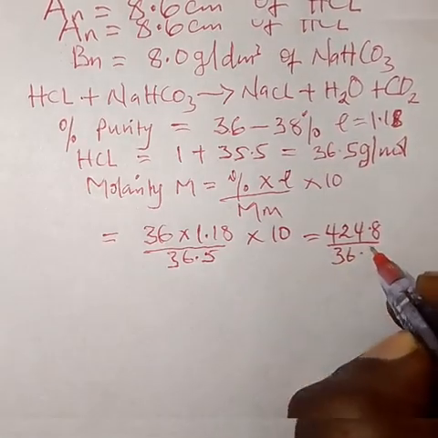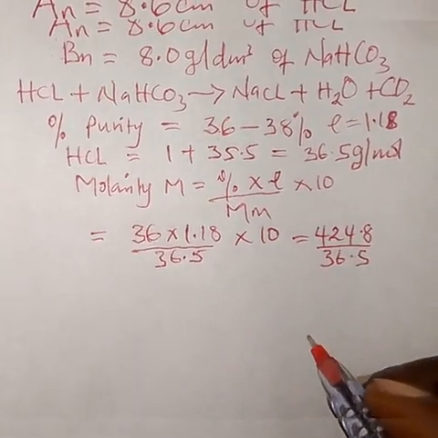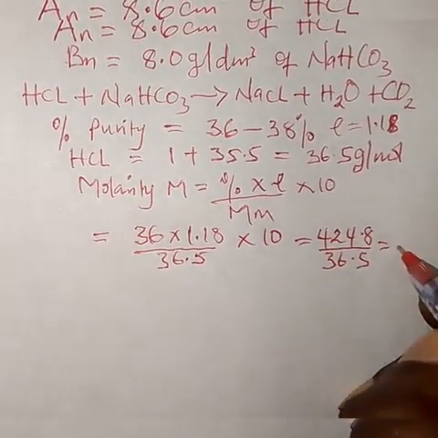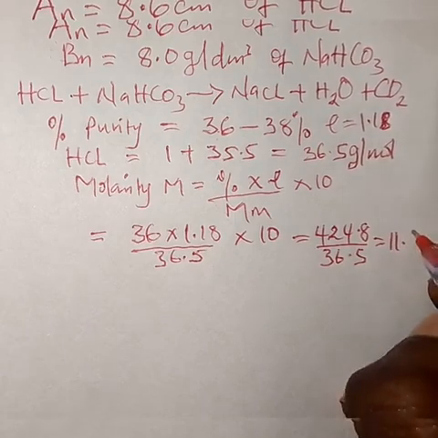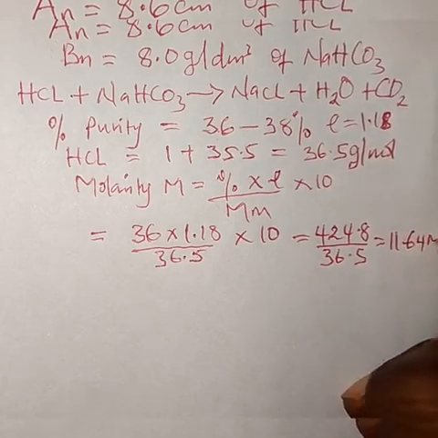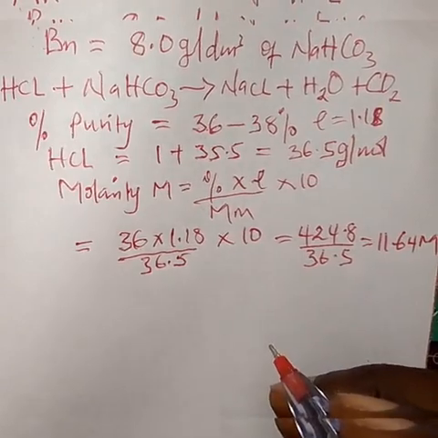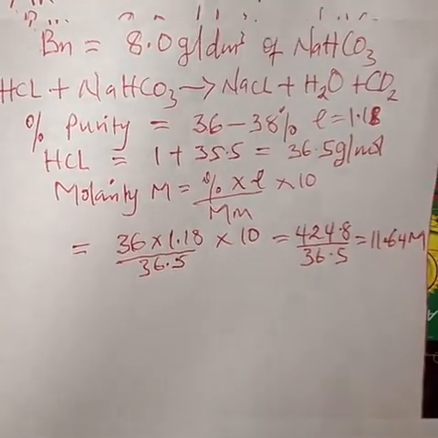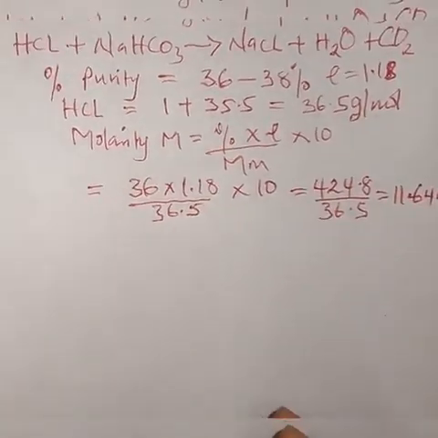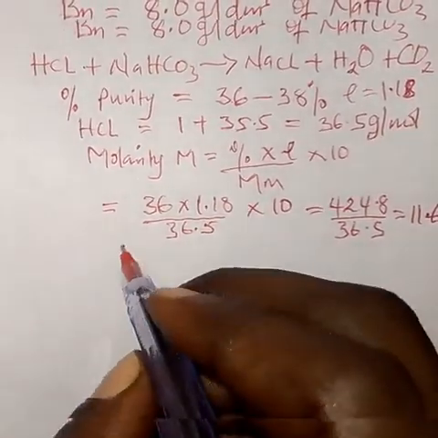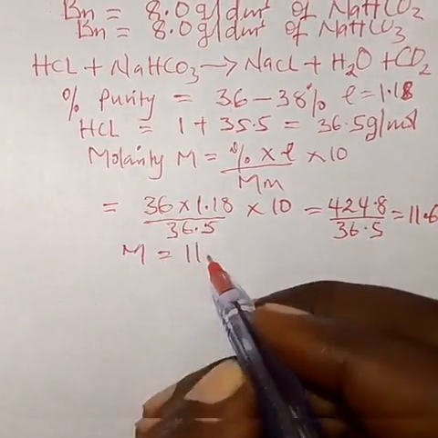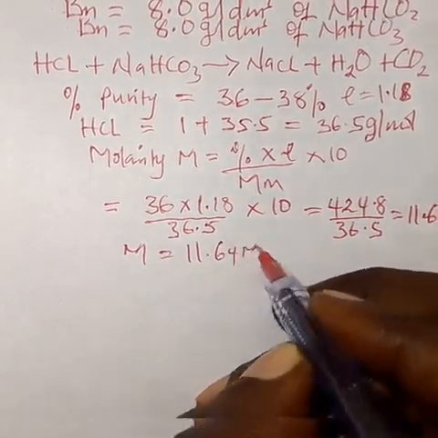Okay? So when you press your calculator, you should get 11.64 molar. So this is the molarity of the acid. So the molarity of the acid, I will call it M, and that M is equal to 11.64, which is the value we just solved.